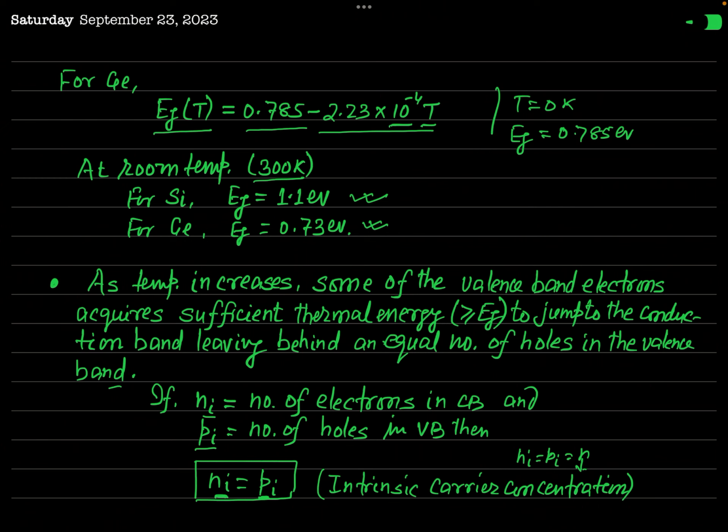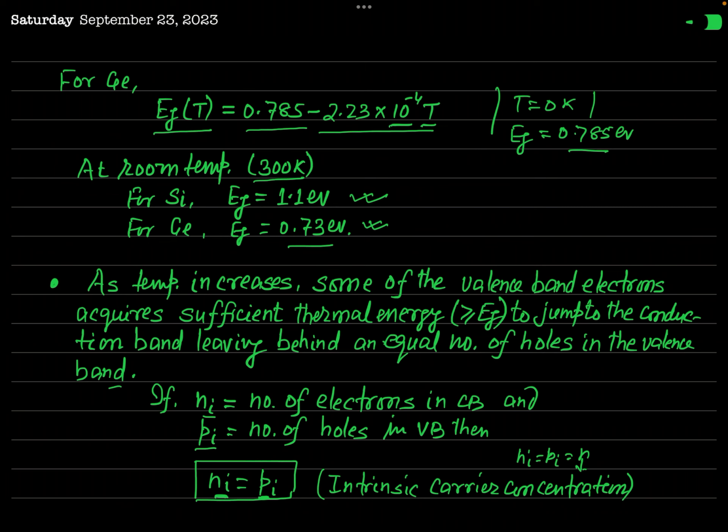When T is 0, this second term will vanish. But at room temperature, this is something smaller than 0.785 electron volt. This is 0.73 electron volt. Okay. So there is a slight decrement of band gap at room temperature in comparison to the band gap of these semiconductors at 0 Kelvin temperature.